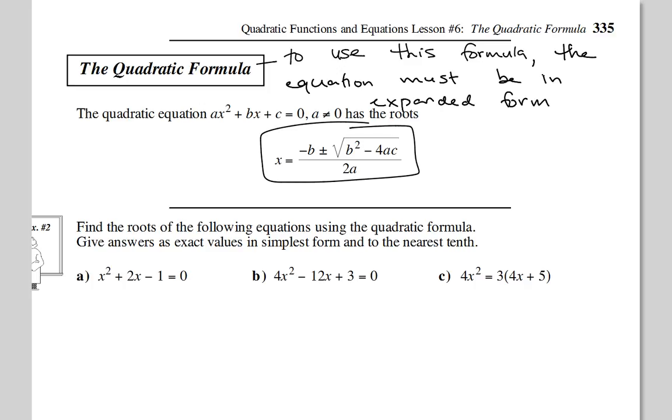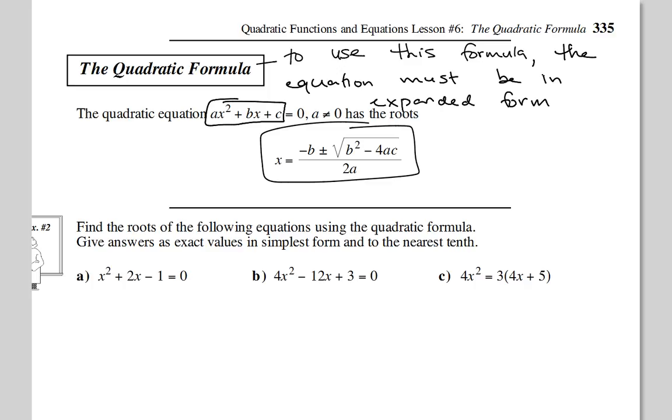But it's the completely expanded form that you're used to from factoring, where a is the coefficient on the x squared term, b is the coefficient on x, and c is the constant. And then you have this magical formula, which you can develop using completing the square. If you really want a challenge, try that on your own. It's not that easy.